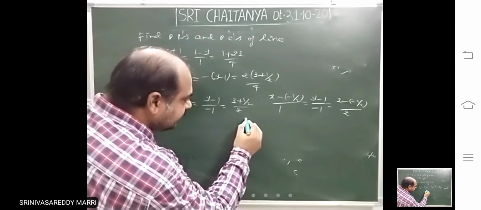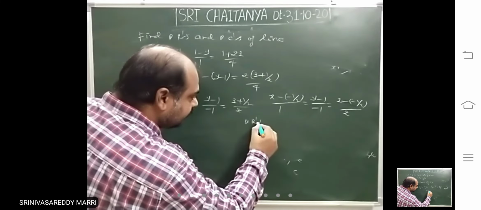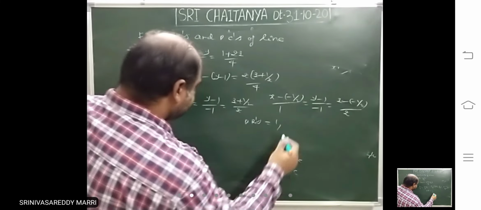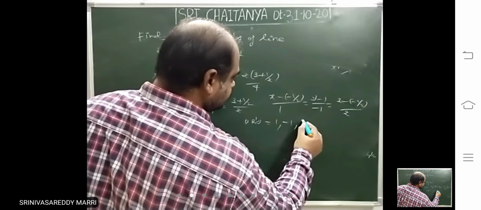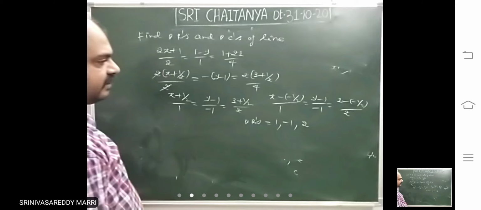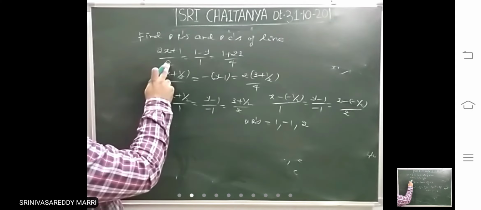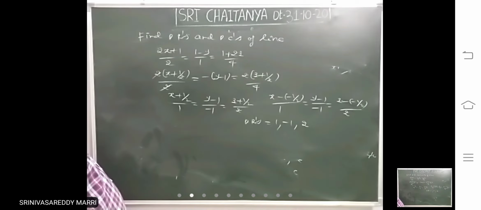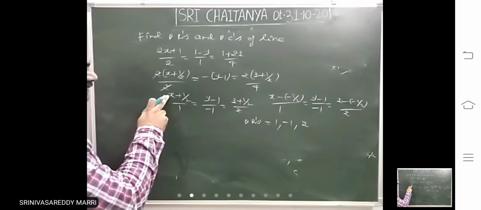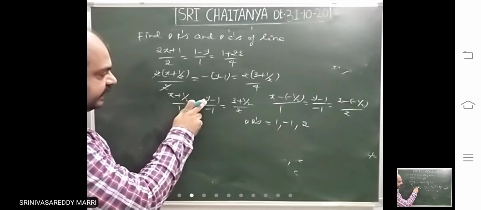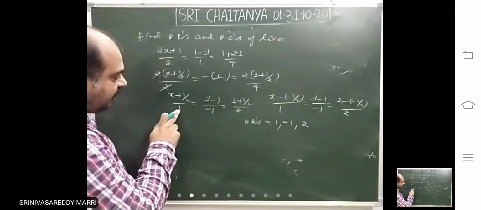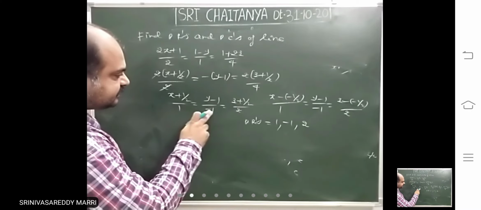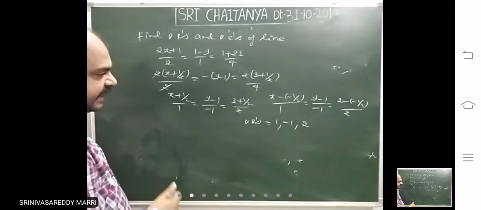That means the DRs of this line are 1, minus 1, 2. Don't write 2, 1, 4. The line must be in standard form, meaning the x, y, and z coefficients must each be 1 and all the constants must be in the denominator.